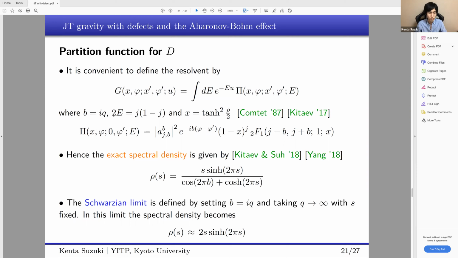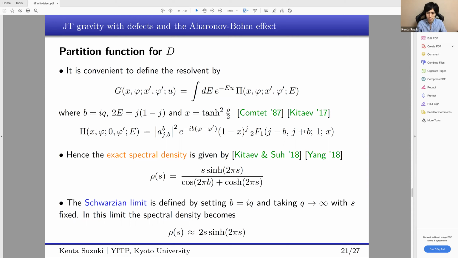Here I introduced several notations. B is related to Q by just a factor i, and J is related to this energy E by this expression, and X is tangent squared rho over 2.